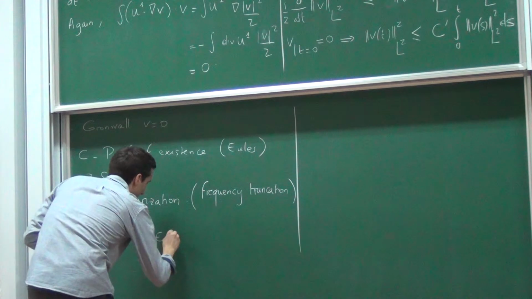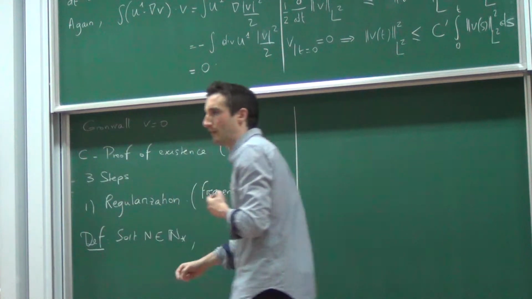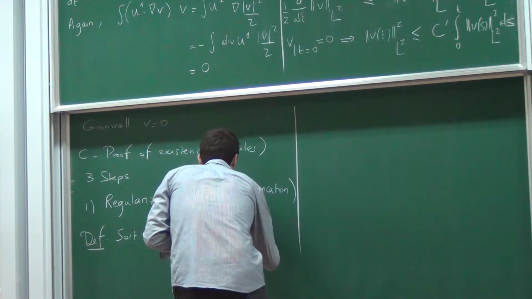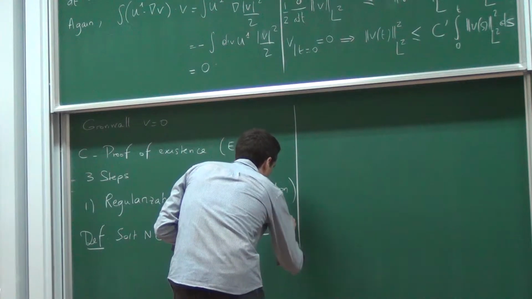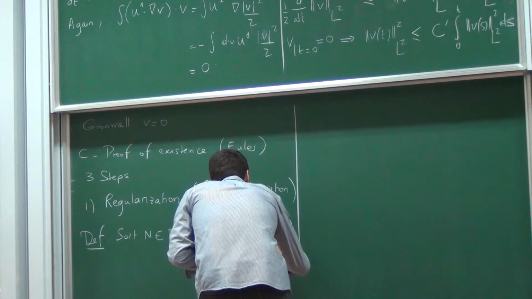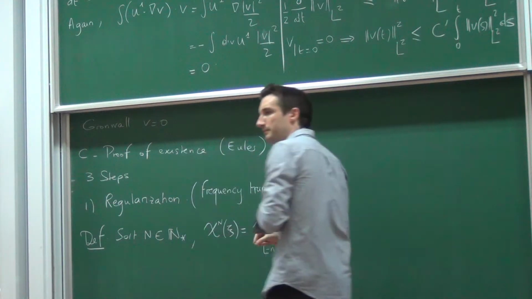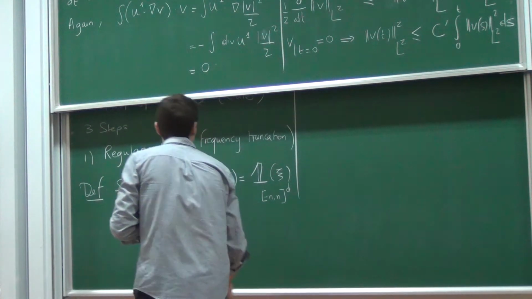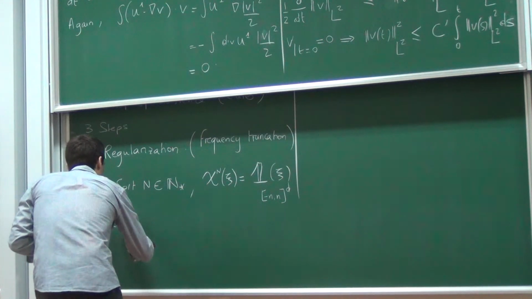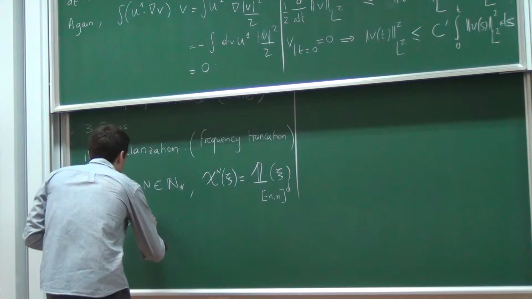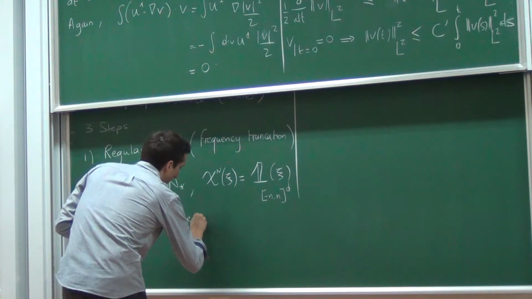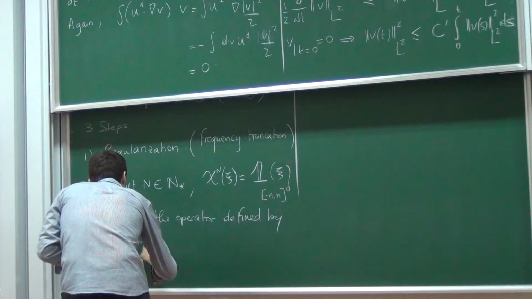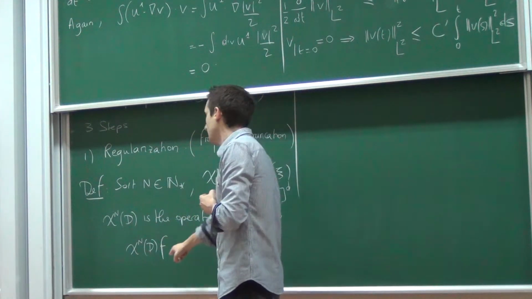I take some maximum frequency capital N. I denote by chi_N of xi the characteristic function of minus N, N to the d, and what I will call chi_N of D is the Fourier multiplier, that's the operator defined by chi_N of D applied to a function f.